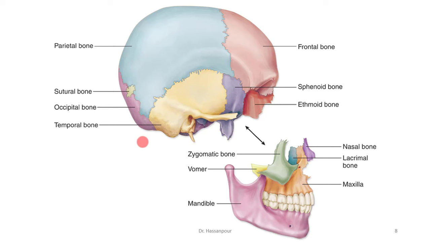So, first of all, we'll focus on bones of the neurocranium, including the frontal bone, the ethmoid bone, the sphenoid bone, 2 parietal bones, 2 temporal bones, and 1 occipital bone. Then we'll move on to some bones of the visceral cranium.